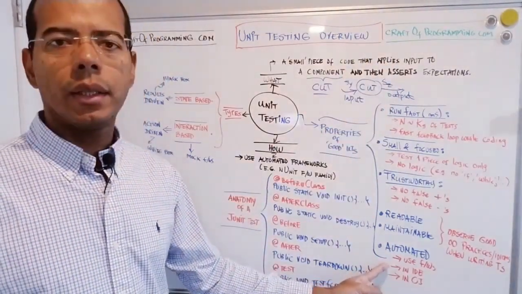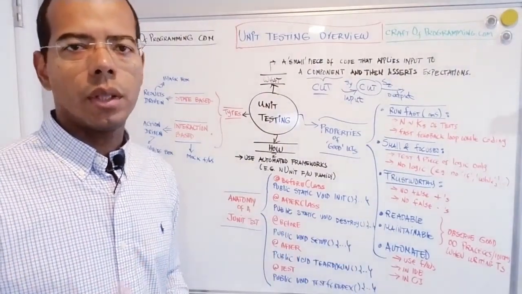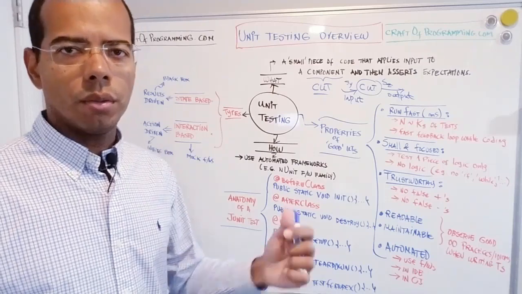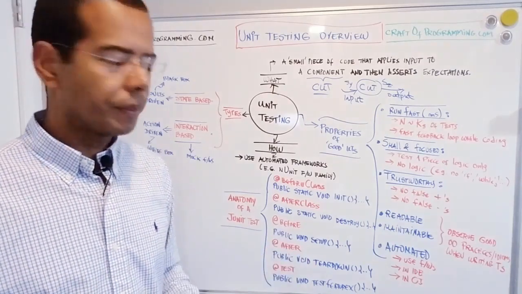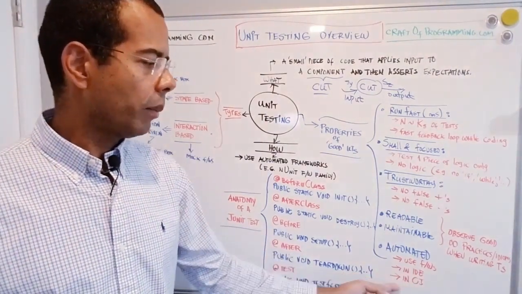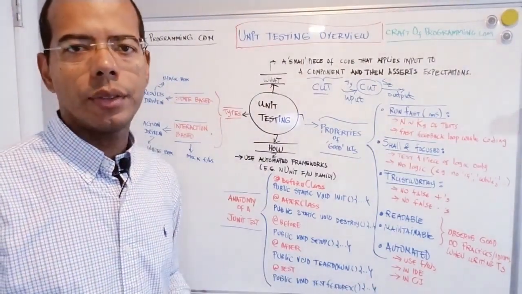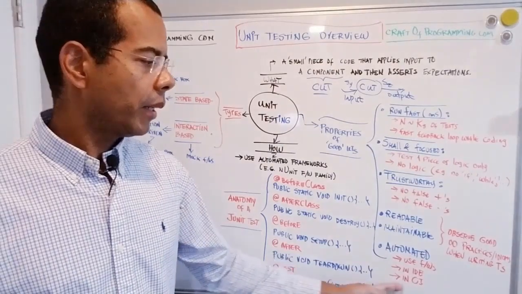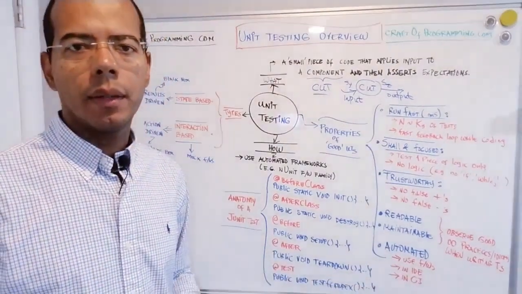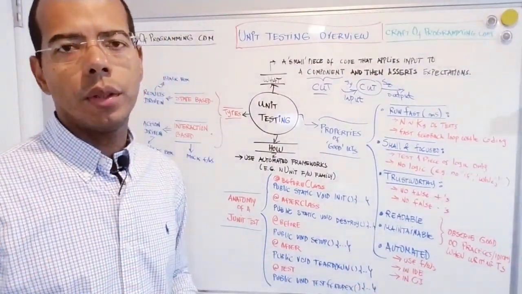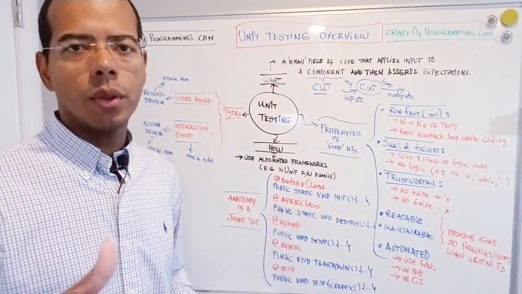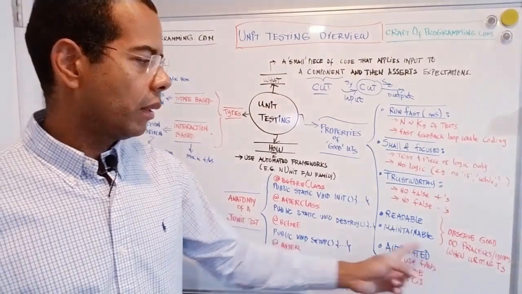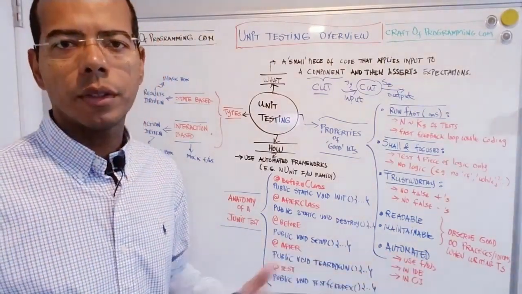Any modern IDE, be it IntelliJ IDEA or Eclipse or NetBeans, has full support to run unit tests. Automation is also at the level of continuous integration systems like TeamCity or Jenkins. Here, it's important that the unit tests are integrated with your builds so that every time you do a commit, it triggers a build and your tests are run. And the support for all of these is obviously through frameworks.